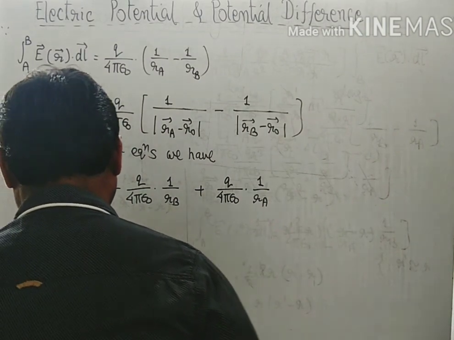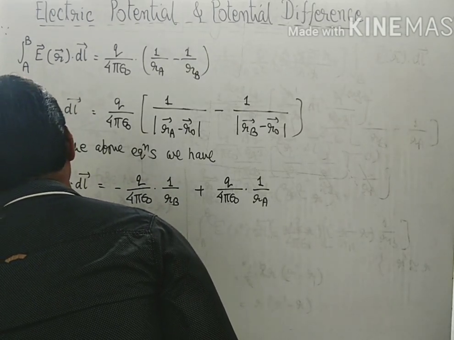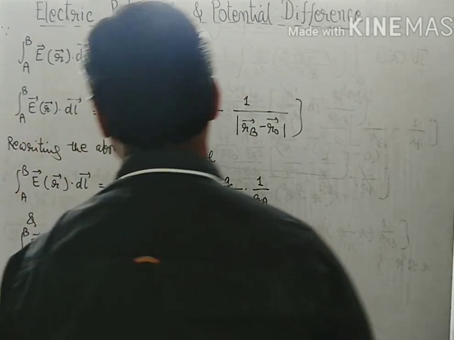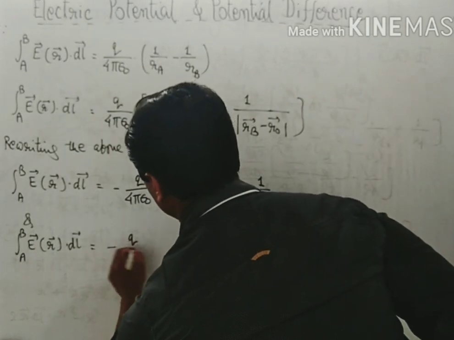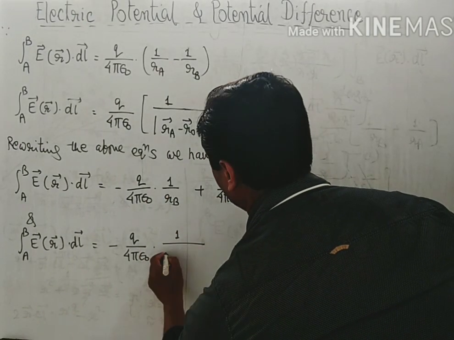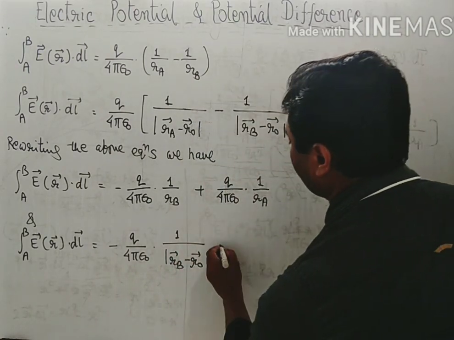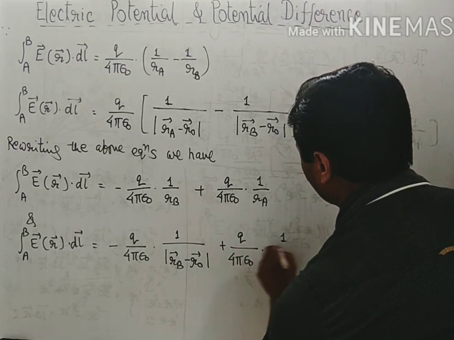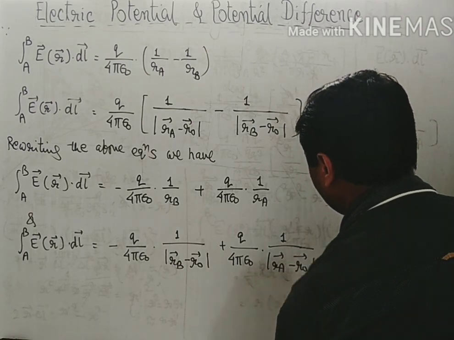And for the second, the integral from A to B of vector E as a function of vector r dot dl equals minus of Q upon 4 pi epsilon naught into 1 upon mod of vector Rb minus vector R naught, plus Q upon 4 pi epsilon naught into 1 upon mod of vector Ra minus vector R naught.